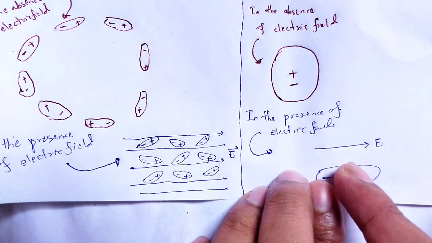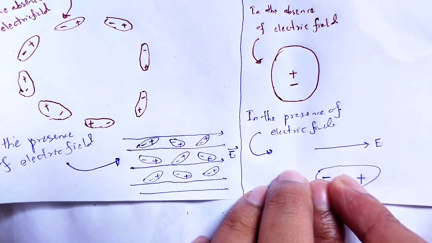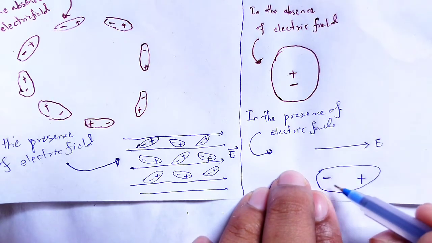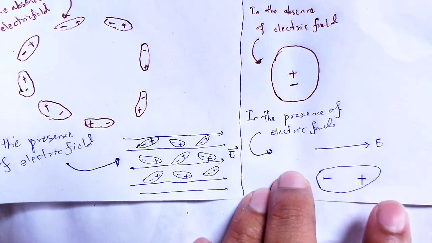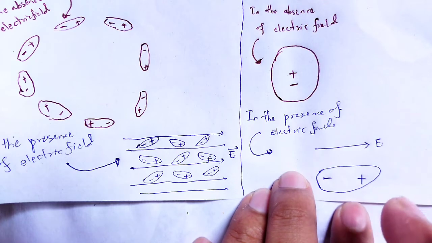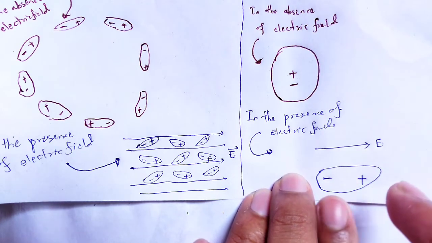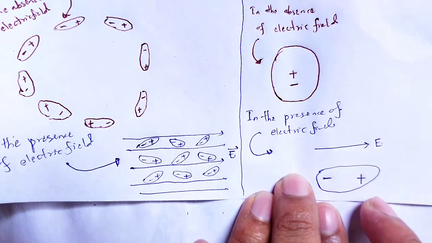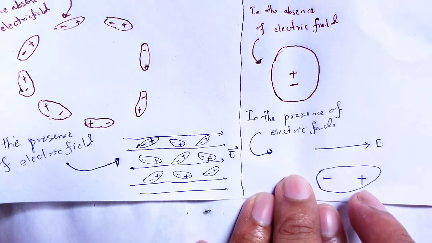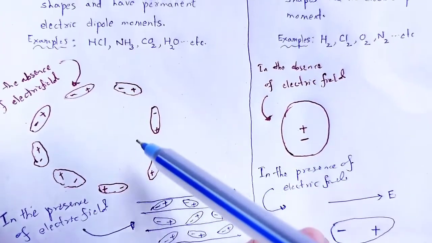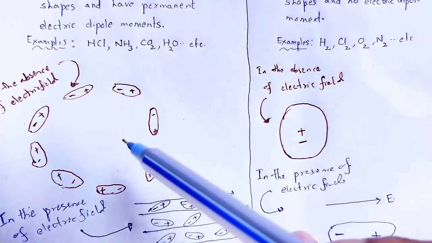Thus, each non-polar molecule in the electric field becomes an induced electric dipole. It has an induced electric dipole moment, and the net effect of the external electric field is the same on a dielectric whether it is polar or non-polar.